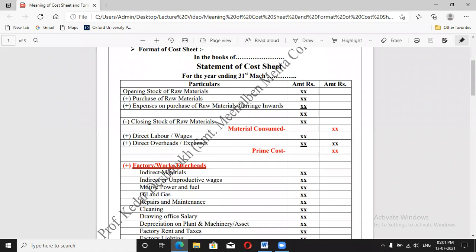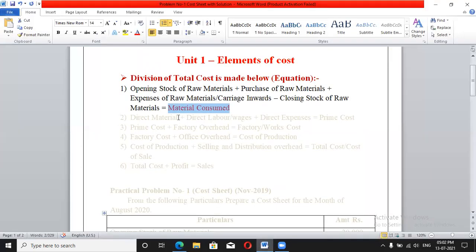The first is opening stock of raw material, add purchase of raw materials, add expenses on purchase of raw material, that is carriage inward, less closing stock of raw material. That amount is called the material consumed. So it is equation number 1 related to the cost sheet.